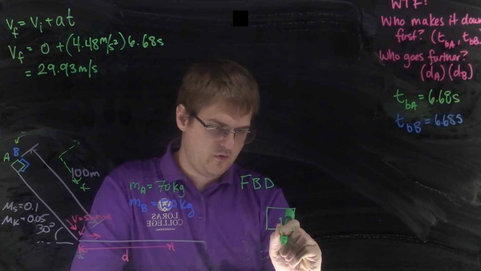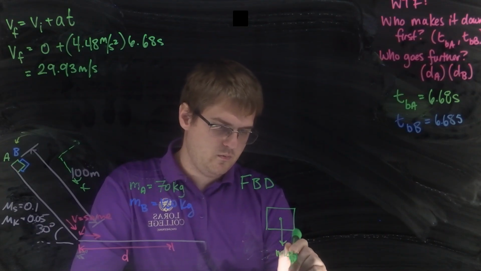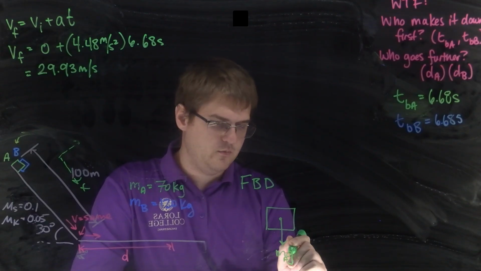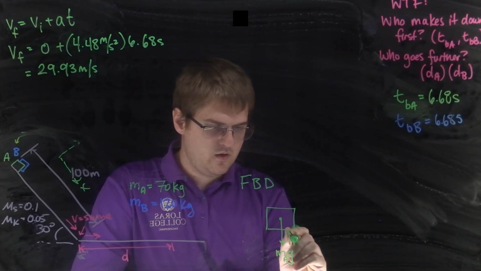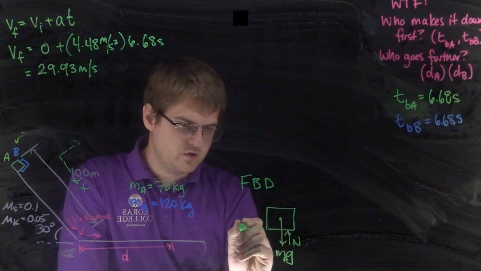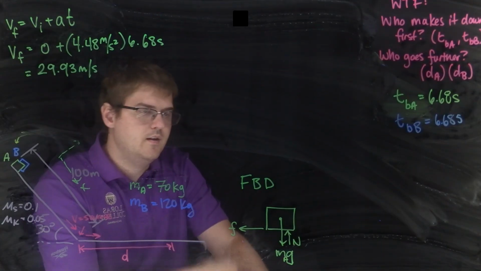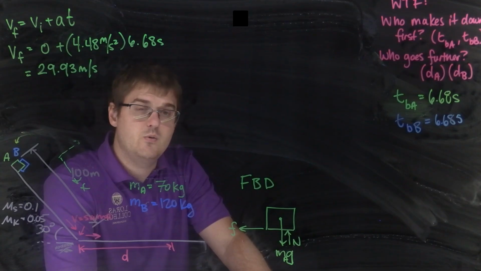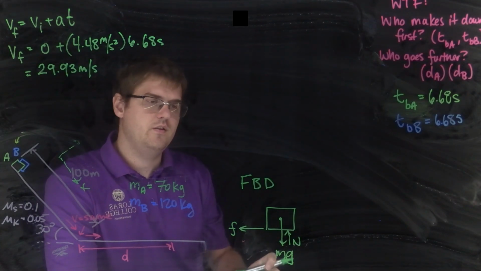I have mass times gravity, this is mass of person A times gravity. I have a normal force acting up. I have a frictional force slowing me down. Do I have anything pushing me forward? Nope. I just have the continuation of my previous velocity. So this is everything in this free body diagram.